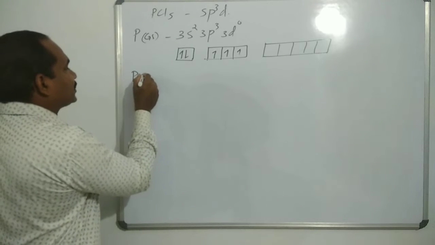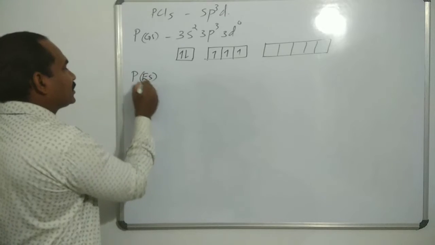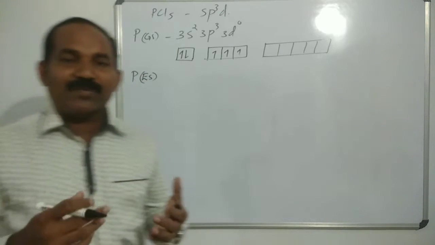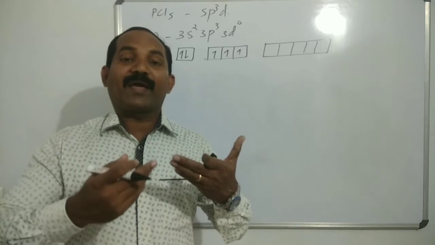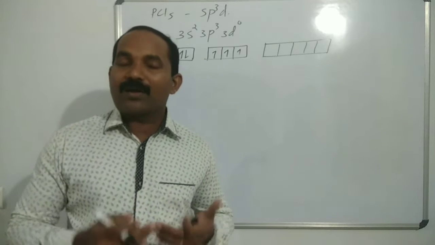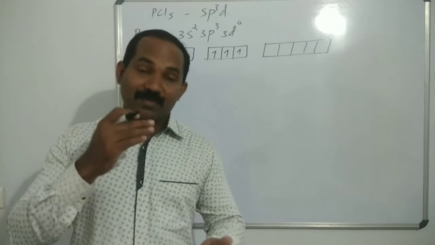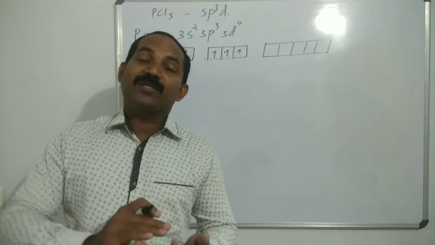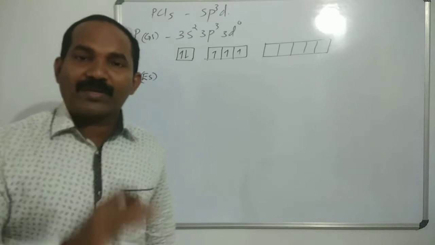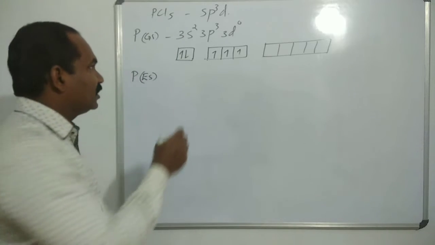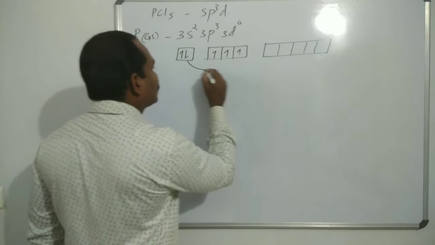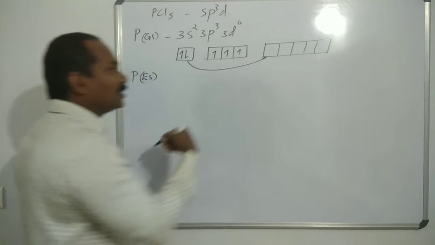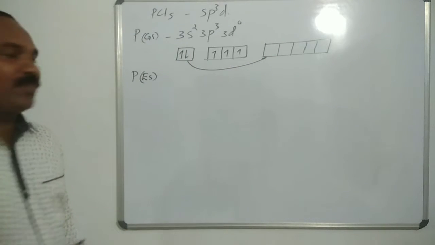Phosphorus in the excited state. What is the excited state? The atom is excited by attaining some energy, or the electron is excited from a lower orbital into a higher orbital, or from a lower shell into a higher shell. So here an electron is transferred into the d orbital.